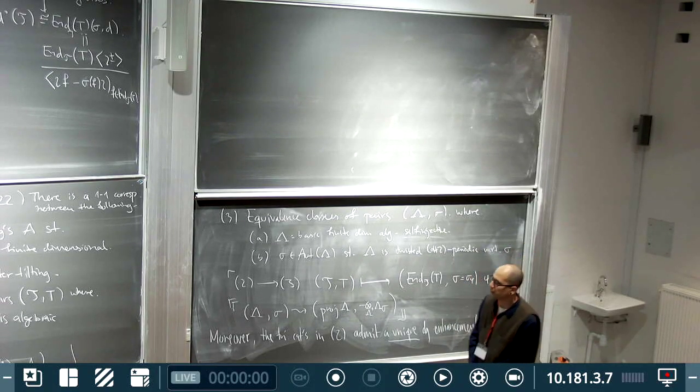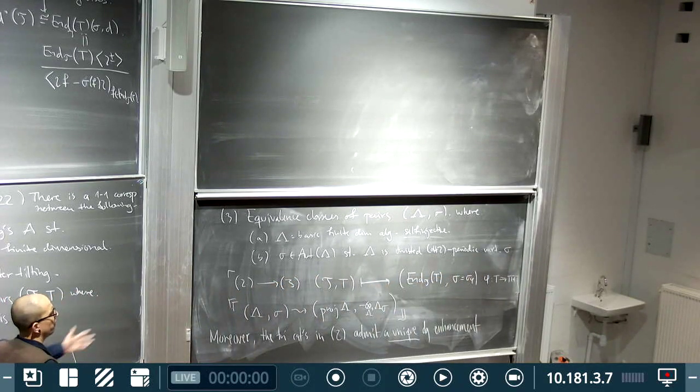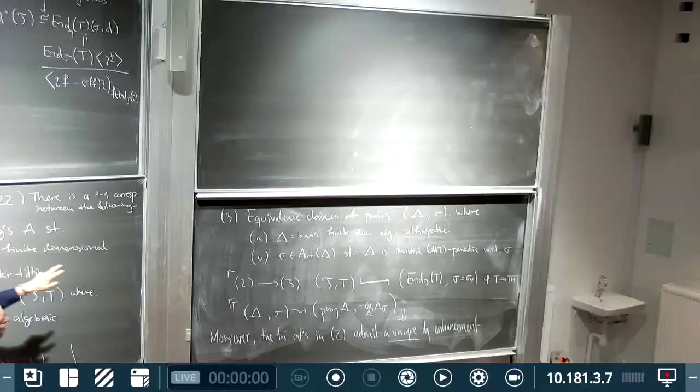So now I want to comment on this theorem. So well-definedness at every stage is now hopefully clear. And by reversing the implication, I mean I will now focus on the correspondence from 1 to 3.